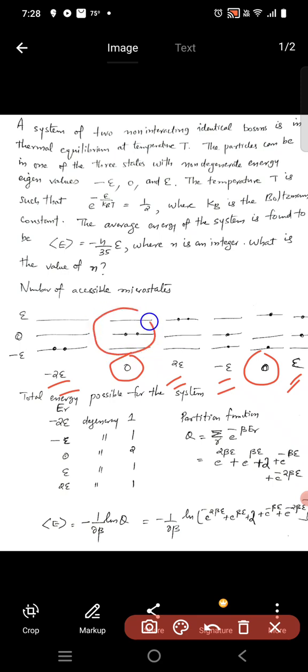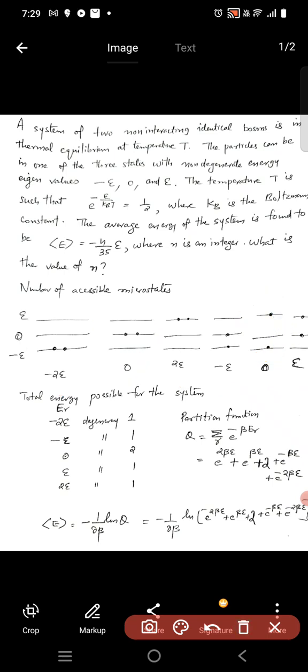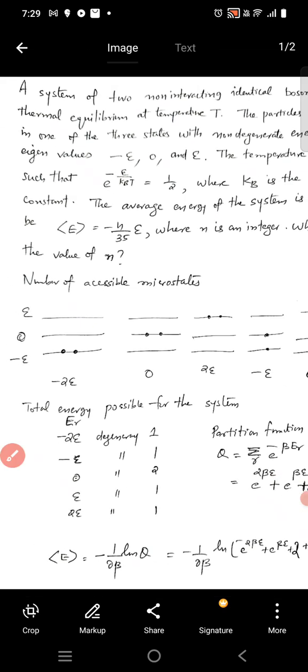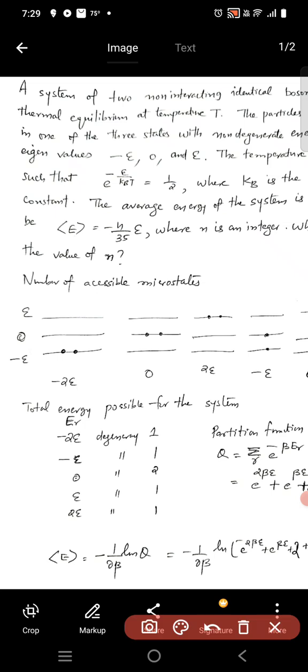This distribution has total energy 0, this distribution also has total energy 0, so the degeneracy is 2. So these are the possible energies of the system and these are the corresponding degeneracies.